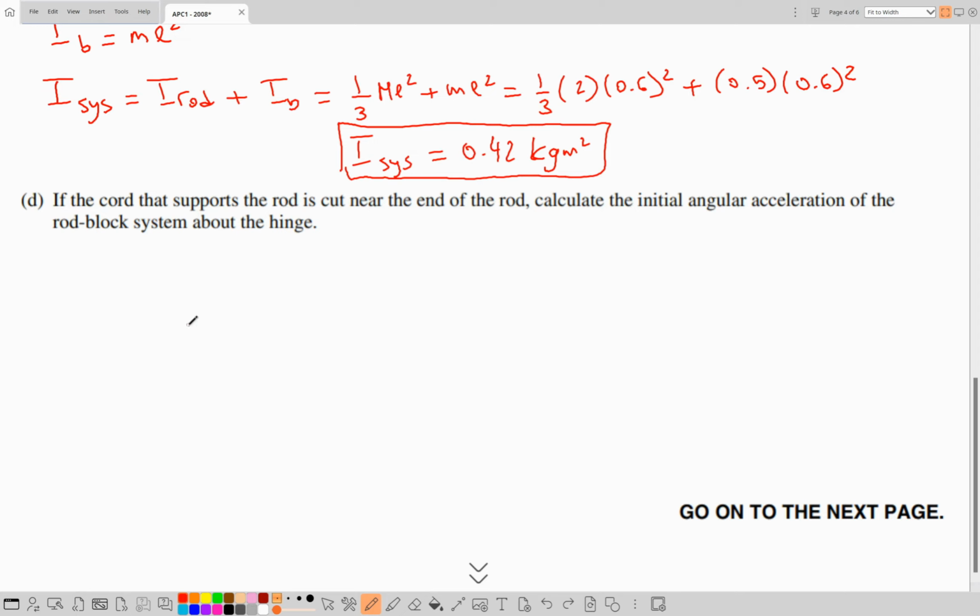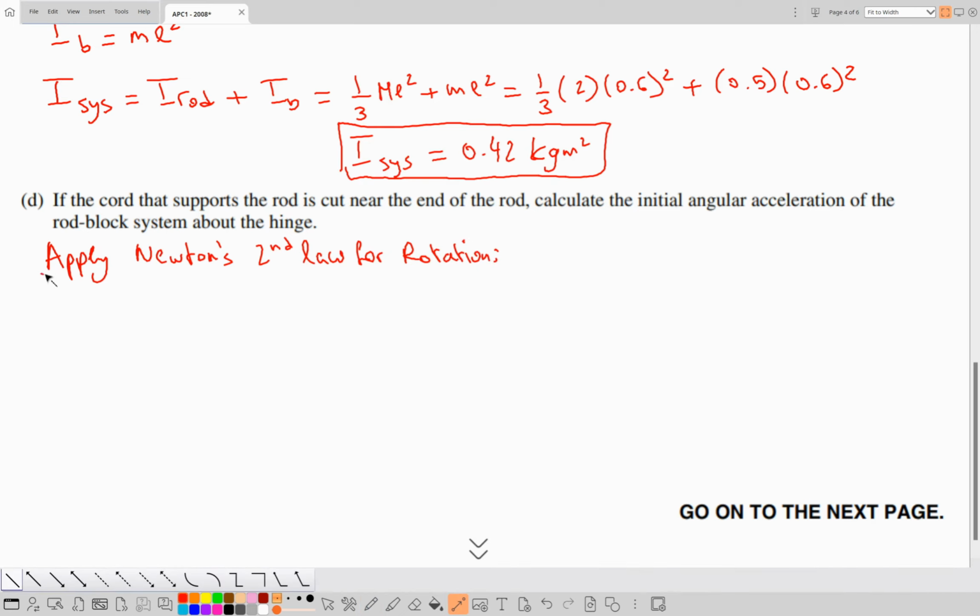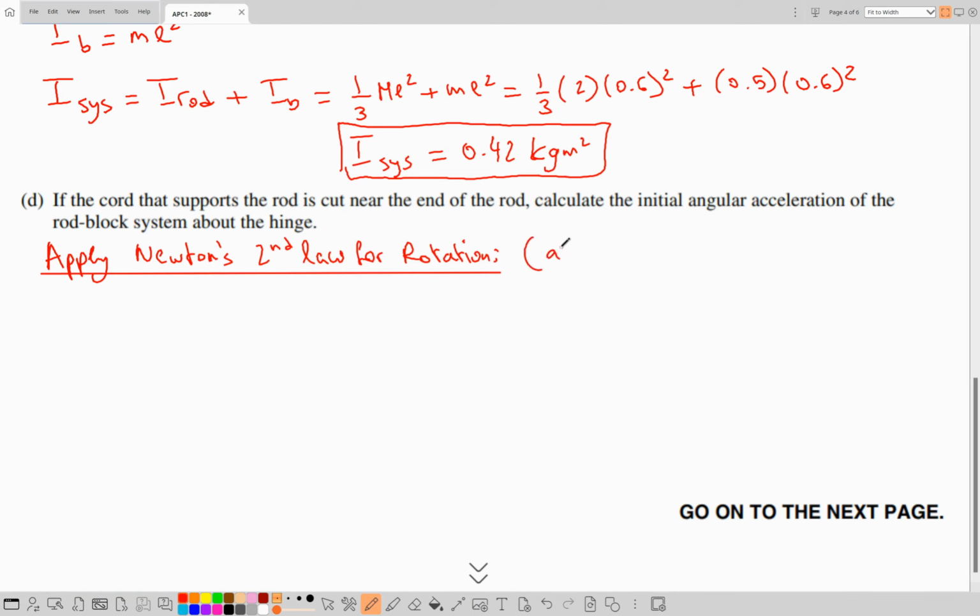So let me say apply Newton's second law for rotation, and remember that in this case we need to specify our pivot point. So let me say about the hinge. Now net torque would be I alpha.